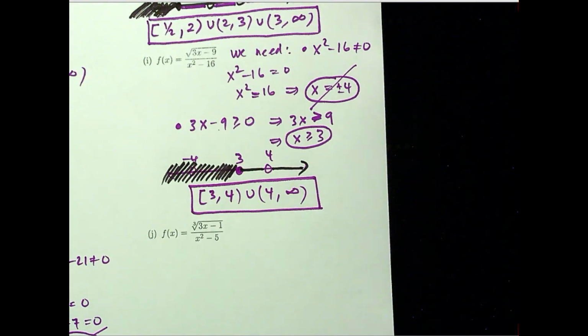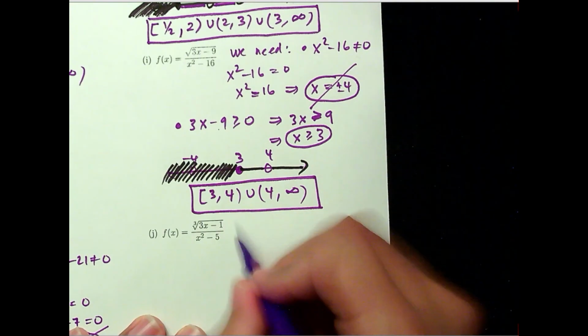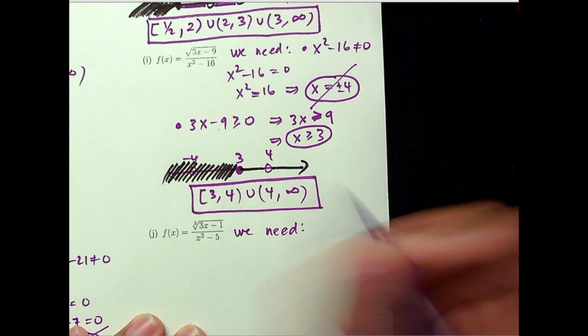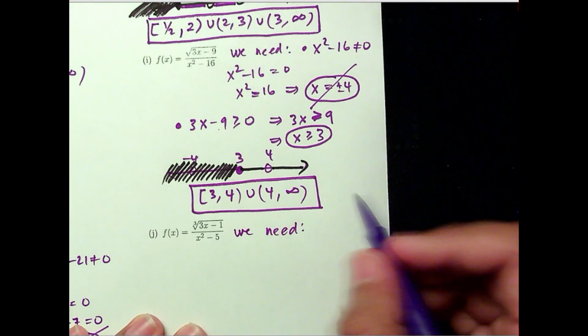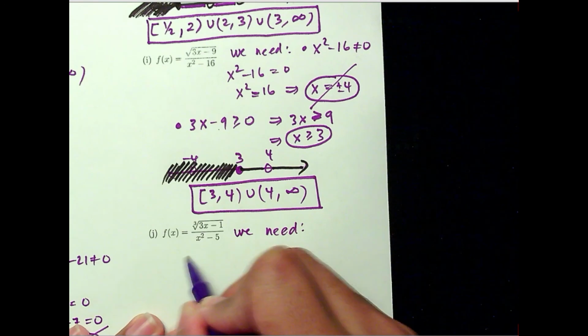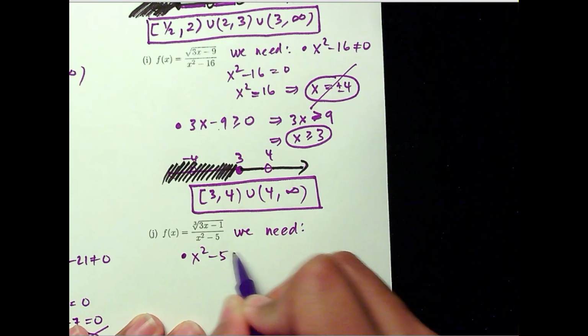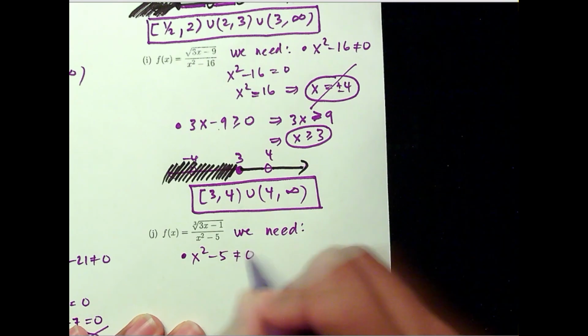Okay, and the very last one. Let's go through both bullet points. The first bullet point says x squared minus 5, which is the bottom, should not be 0.